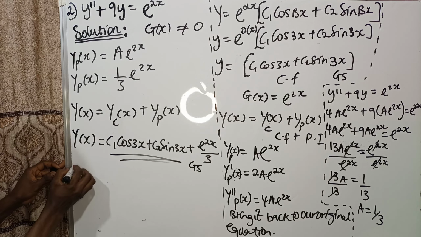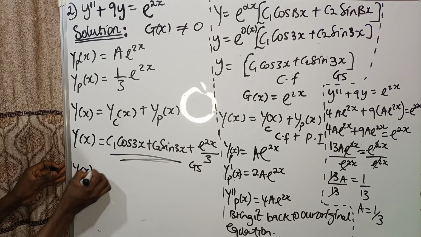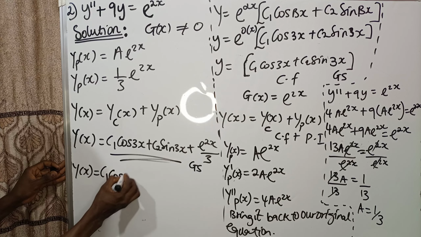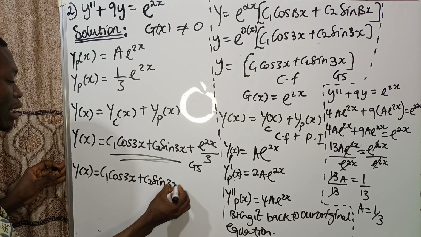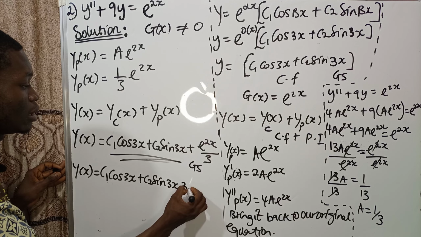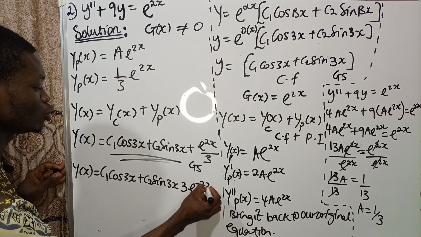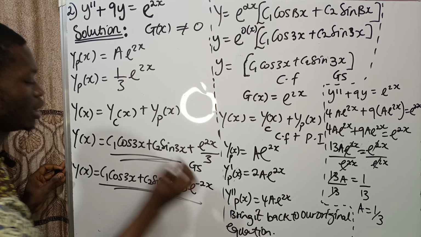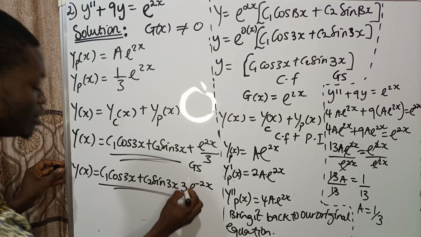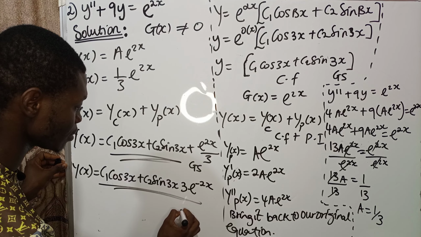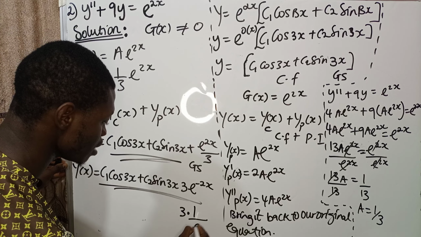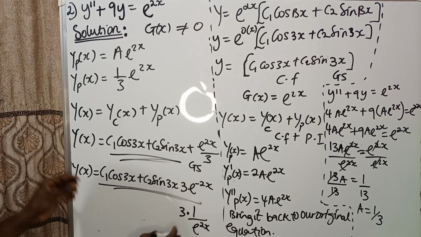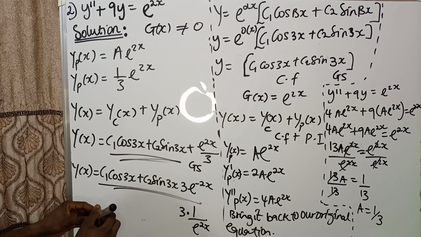Or you can write it as y(x) = c1 cos 3x + c2 sin 3x plus the particular term, which is the same thing.